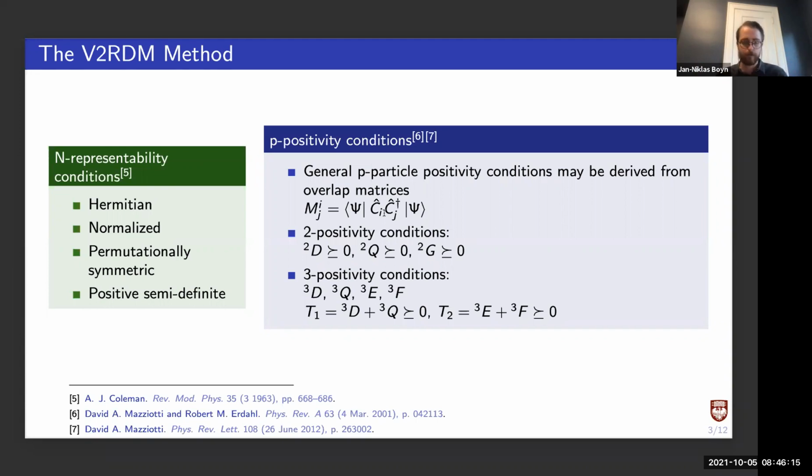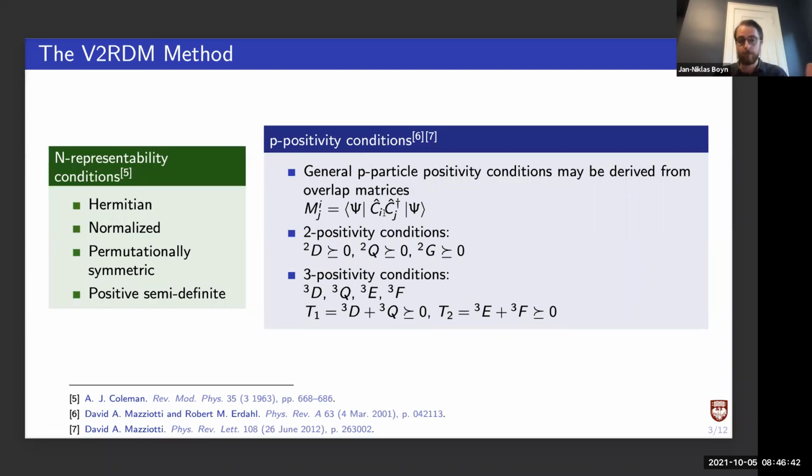These conditions really physically restrict the probability distributions for 2 particles in the 2D case, 2 holes in the 2Q case, and 1 particle and 1 hole in the 2G case to be non-negative with respect to all unitary transformations of the 1 particle basis. Then higher order 3-positivity constraints have also been enumerated and been actually applied. However, as has been previously mentioned, these scale much less effectively.